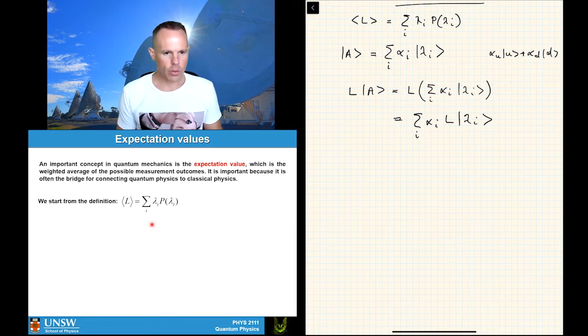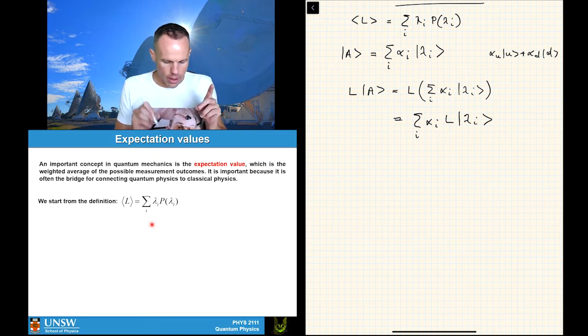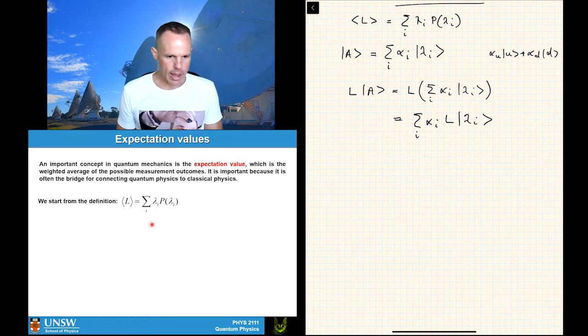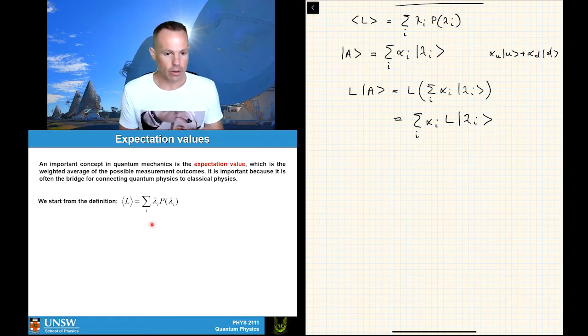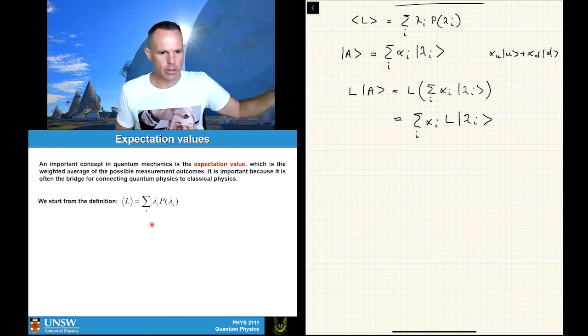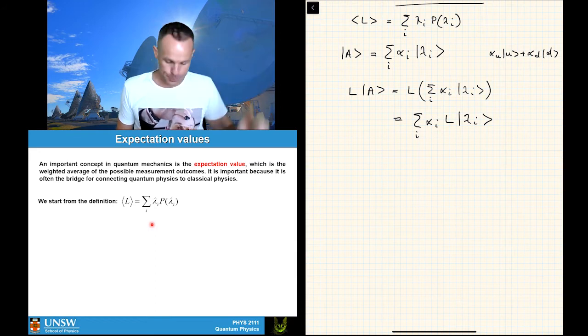Now, the one thing that we know here, and it's implied in the notation, is that the ket here, lambda, is an eigenvector for the operator L. It's why we decided to operate L on it, right? So the operator we're using here is the one that corresponds to the eigenvalue and eigenvector for the state that's the basis for A. Okay, if we put in some other random operator, this wouldn't go anywhere.